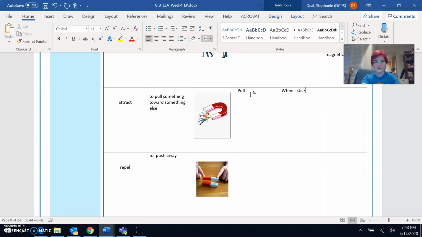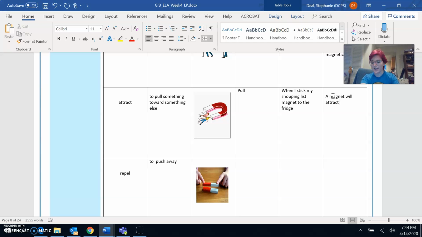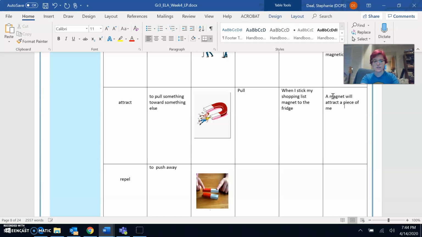When I stick my shopping list magnet to the fridge, that's when I feel the attract. And finally, we'll use it in a sentence. A magnet will attract a piece of metal.